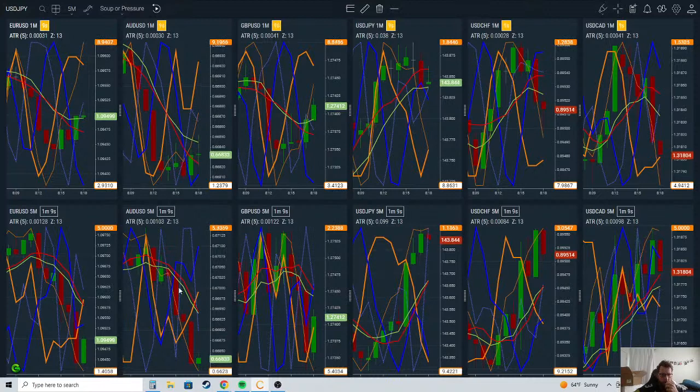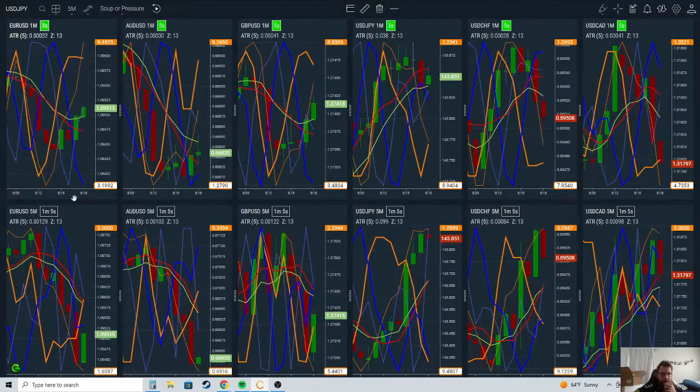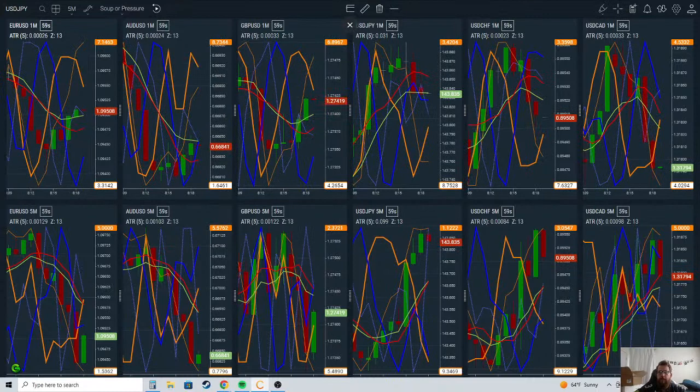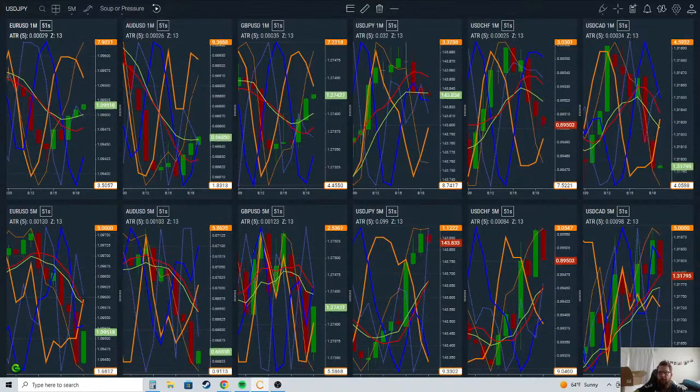Probably more on the Aussie, this being the Aussie, than the Euro here. But I think what we'll do on the UCAD is just before 8:30 we'll set up a strangle.